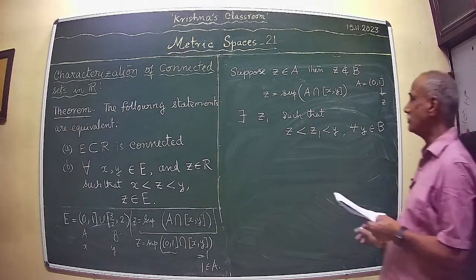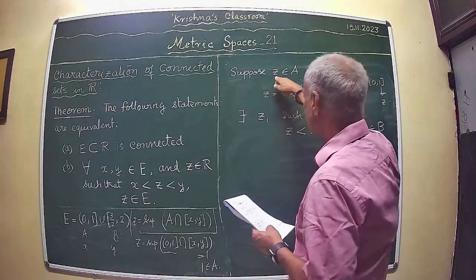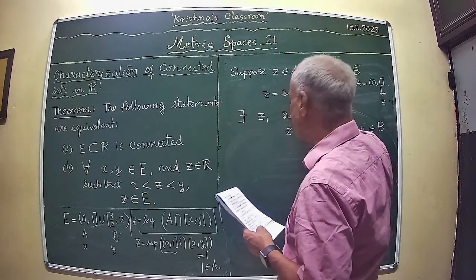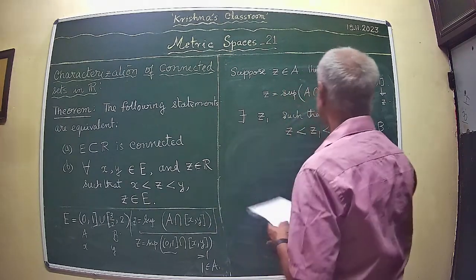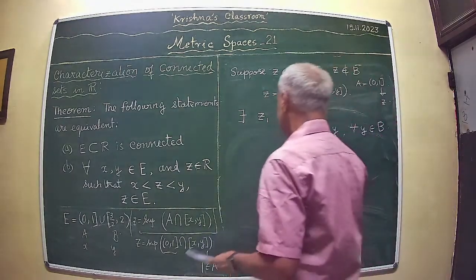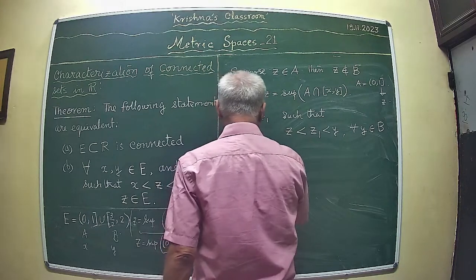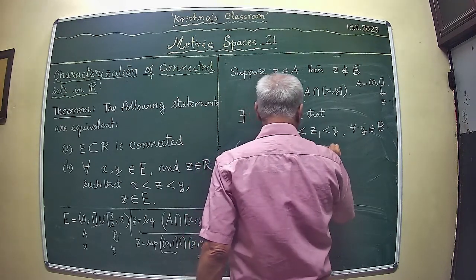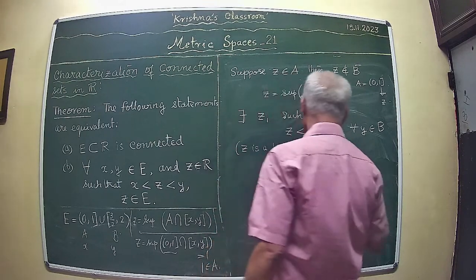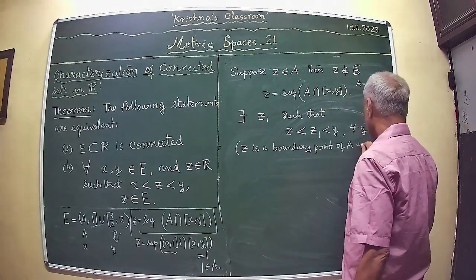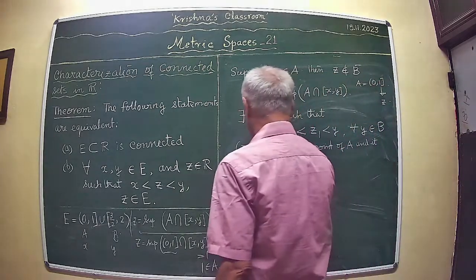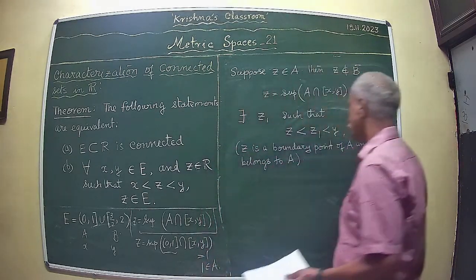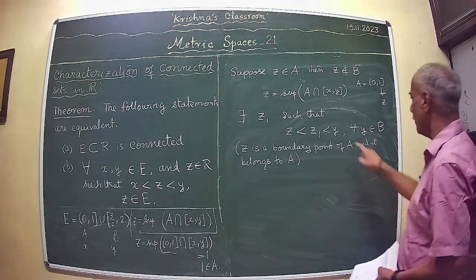Now you see that the extreme case would be, see, Z is a limit point of A and Z is on the boundary of A. Okay. Z is on the sphere.